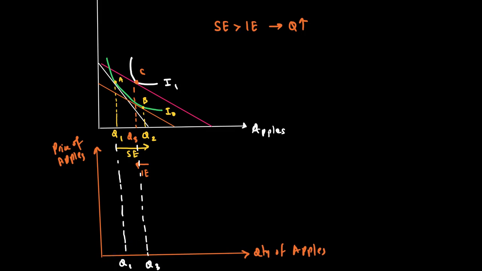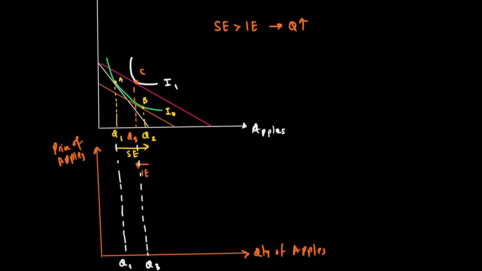This quantity change is much smaller than the quantity change above, because there the income and substitution effects were both adding to my price effect. But in this case, my only substitution effect is saying buy more, and the income effect is reducing that effect, because the income effect says I'm going to buy less of this good.